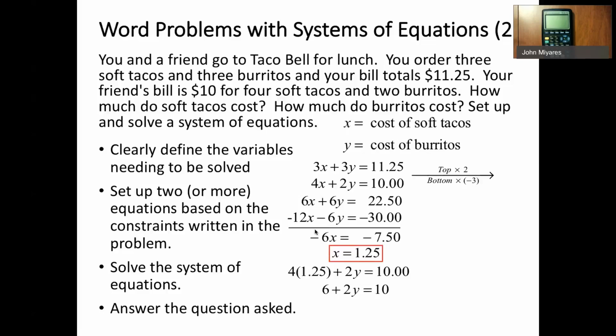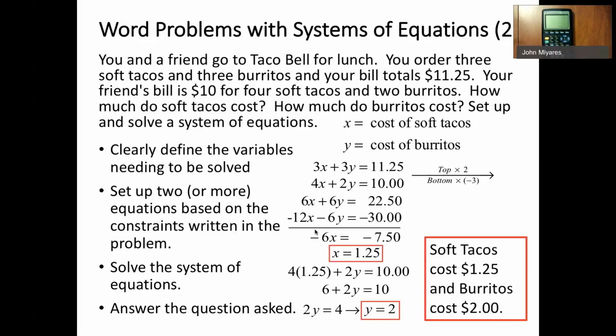Moving over the 6 and dividing by 2 will get you y equals 2. Y, of course, represents the cost of a burrito. So what we can now easily say is that the soft tacos cost $1.25 and the burritos are going to cost $2 even.